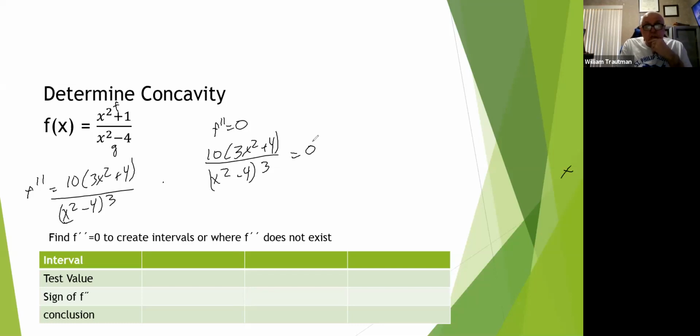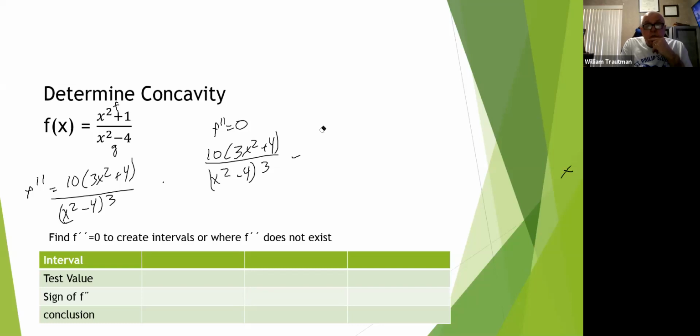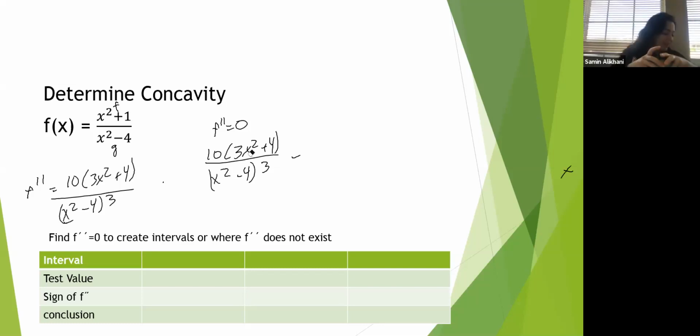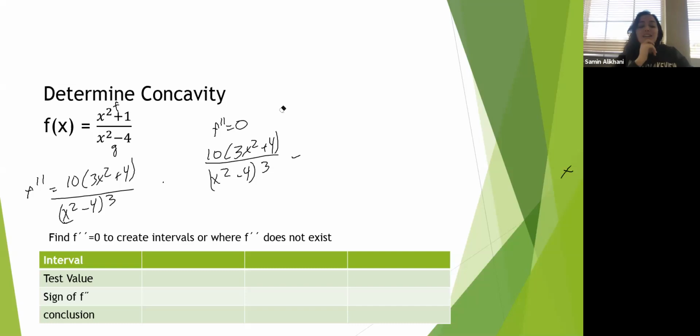Can somebody tell me what x value there is that makes this equal to 0? Anybody know? Is it square root of 4 over 3? No, that is a good try, because square root of 4 over 3, there's no subtraction here. Oh, it doesn't exist because it would be a negative.